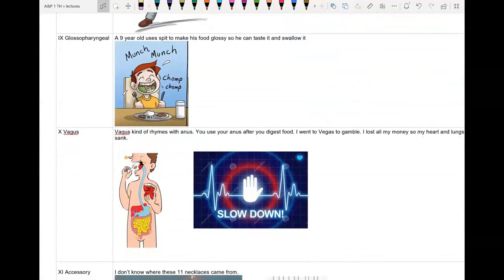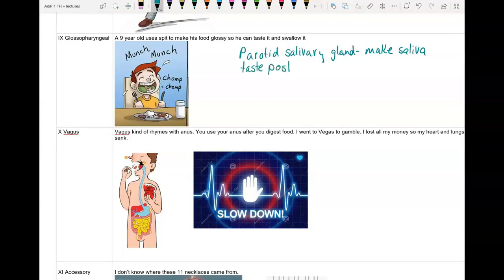Number 9 is glossopharyngeal. So he uses spit to make his food glossy. So this stimulates the parotid salivary gland. Makes saliva. Makes his food glossy so he can taste it. So this is taste from the posterior part of the tongue.